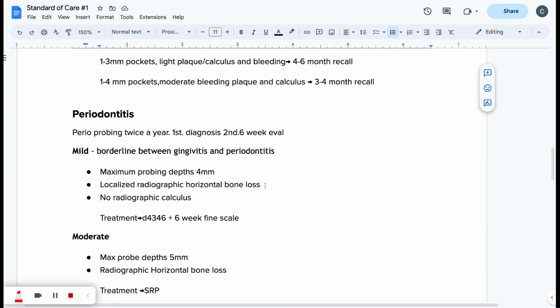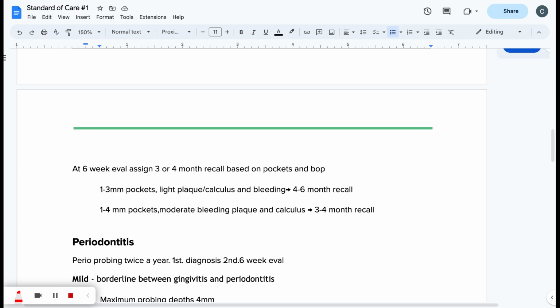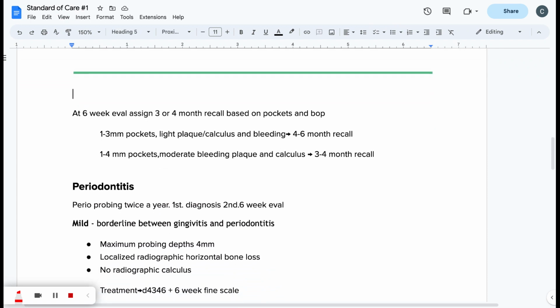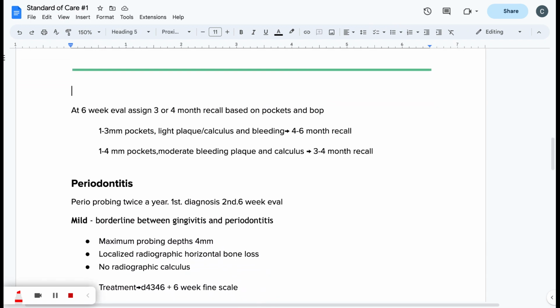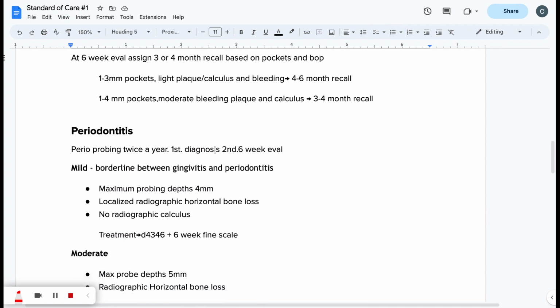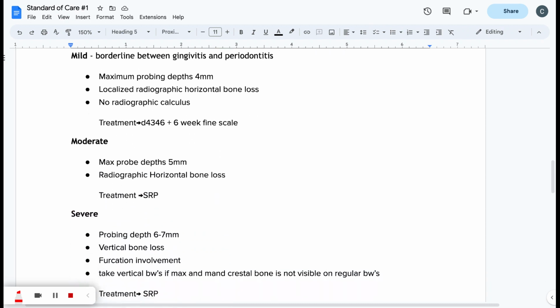And it is important that we make the patients aware of this, and inform them that they have now progressed into the more complex and aggressive disease that is periodontitis.